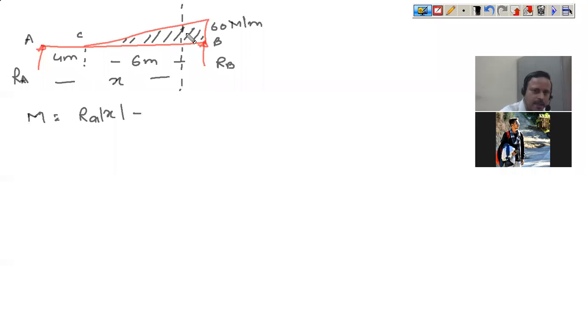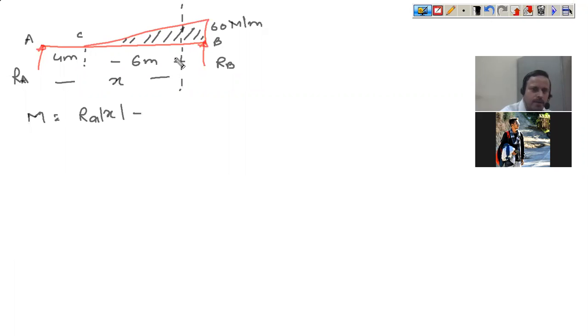The maximum height was 60. Obviously here the height of the triangle is 0. At 1 meter the height is 10 Newton per meter. At 2 meters it is 20 Newton per meter. At 3 meters it is 30 Newton per meter. So as you go from x is equal to 0 to x is equal to 6, it starts from 0 and finishes at 60 Newton per meter.